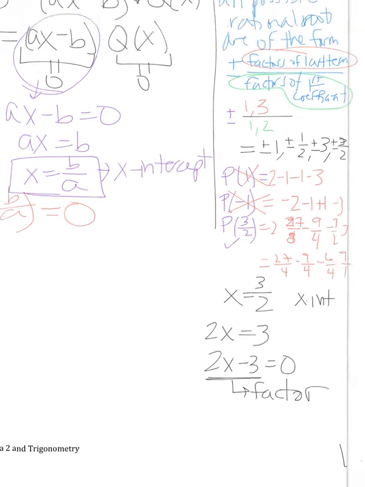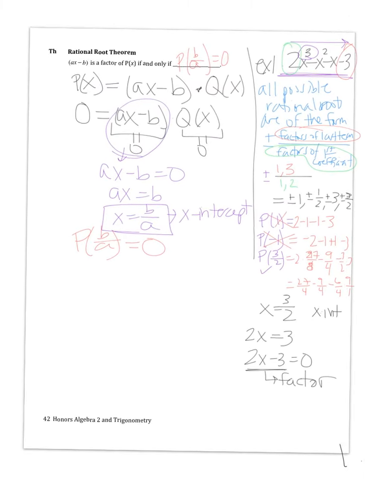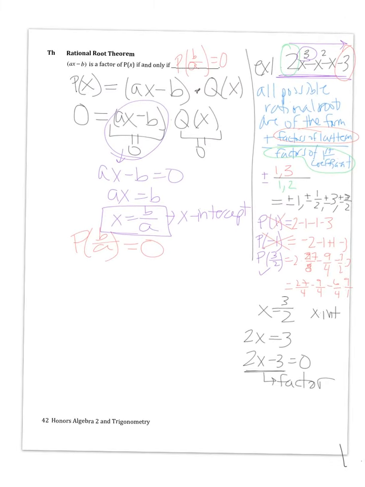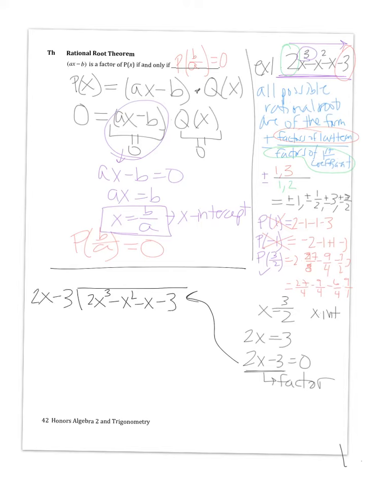Now that I have the factor, I can divide it out of my polynomial and be guaranteed I have no remainder because it is a factor. So we're going to divide out our original polynomial, which was 2x to the third minus x squared minus x minus 3, by 2x minus 3, which is our factor.